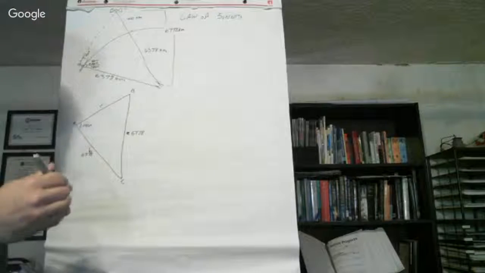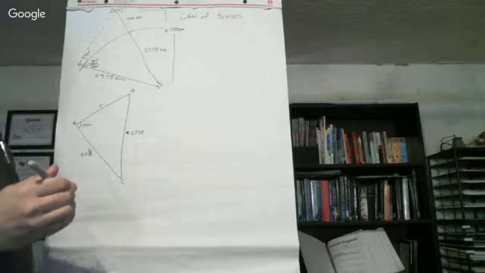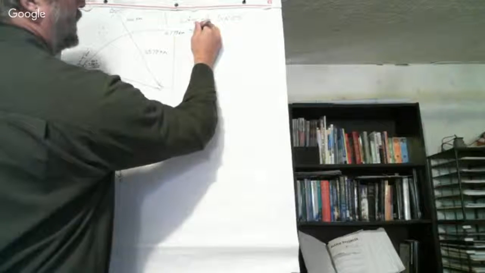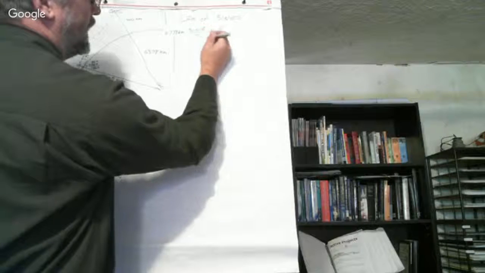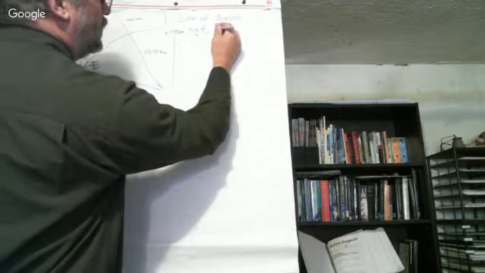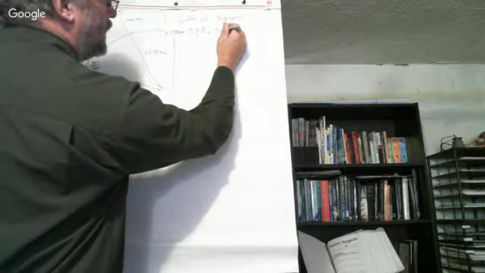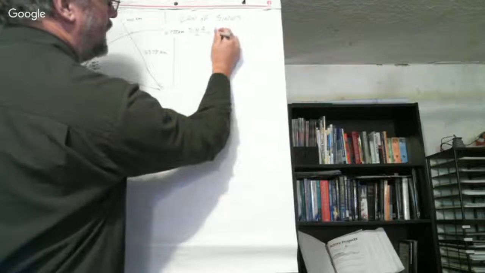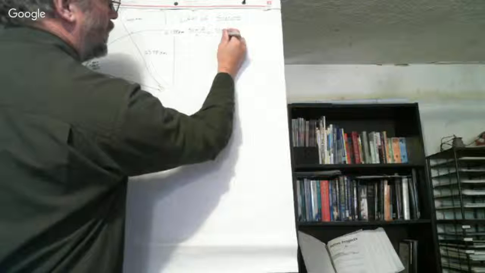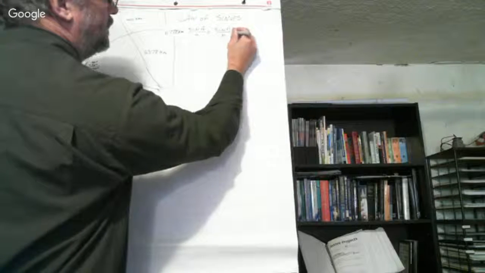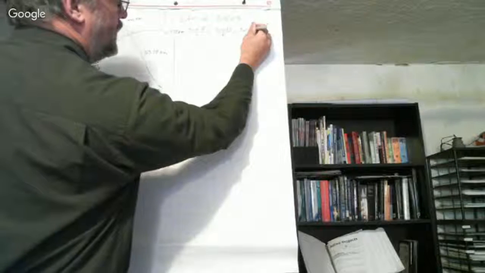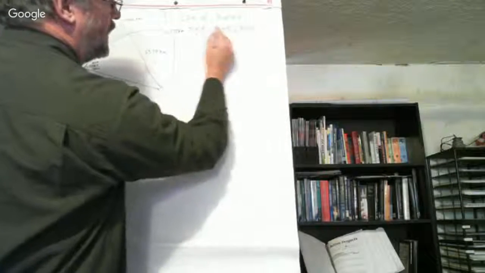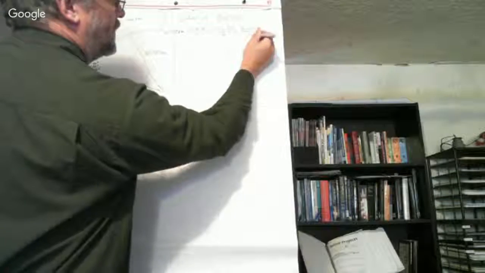The law of sines simply states that the sine of A over segment A is equal to the sine of B over segment B is equal to the sine of C over segment C, where all these are angles.